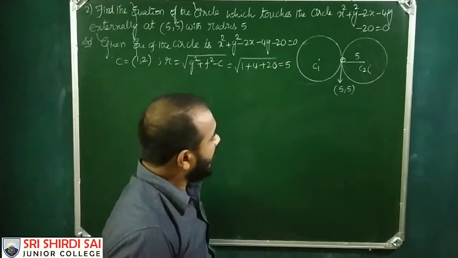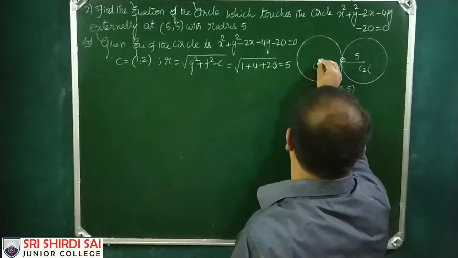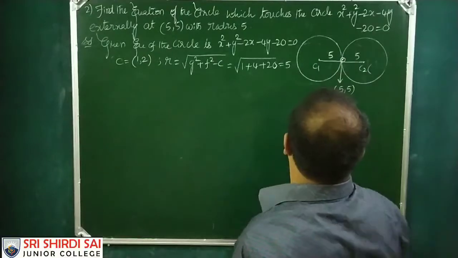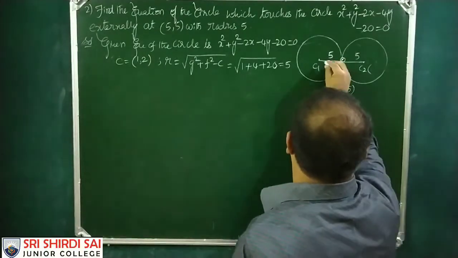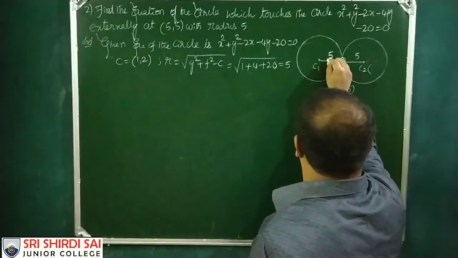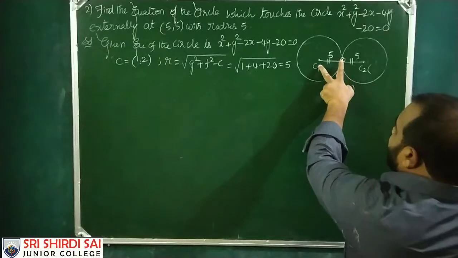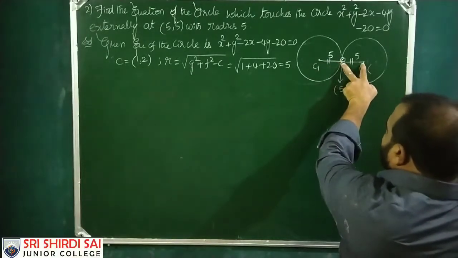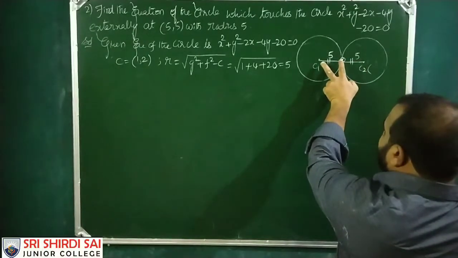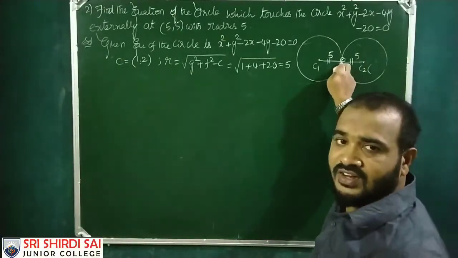Amazingly, the radius of this circle is also 5. That means the point of contact is equidistant from the centers of the two circles. That means this is the midpoint, obviously.